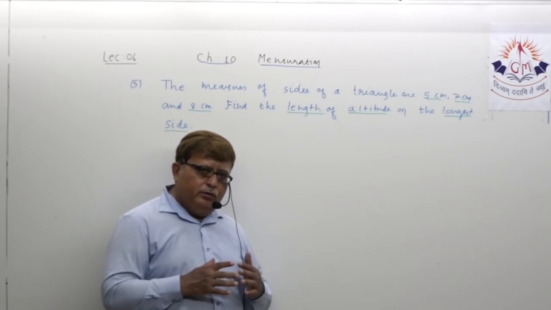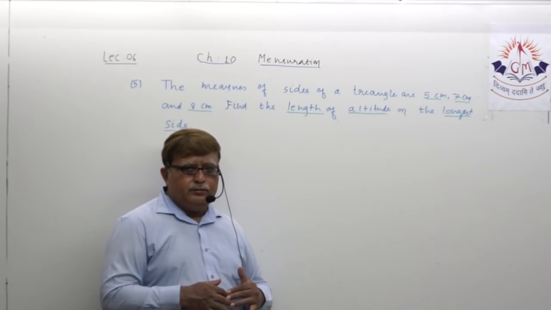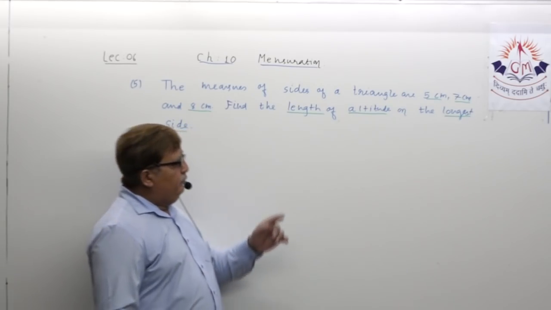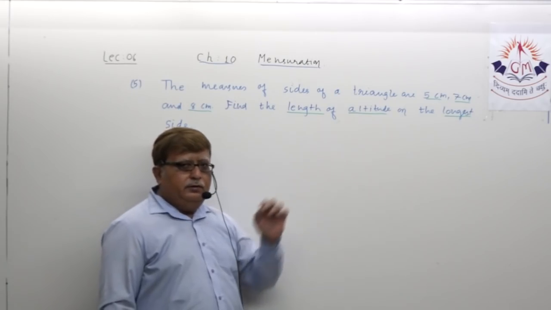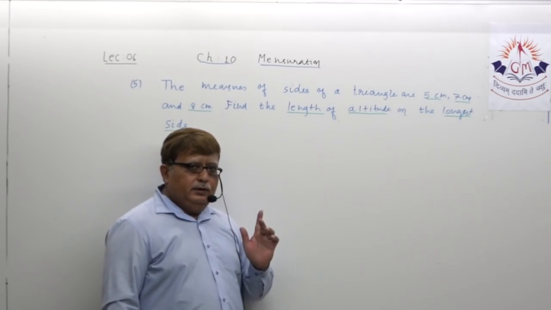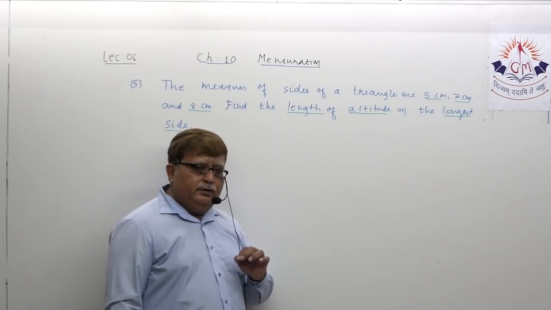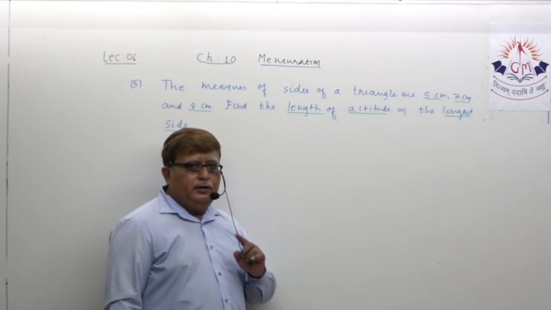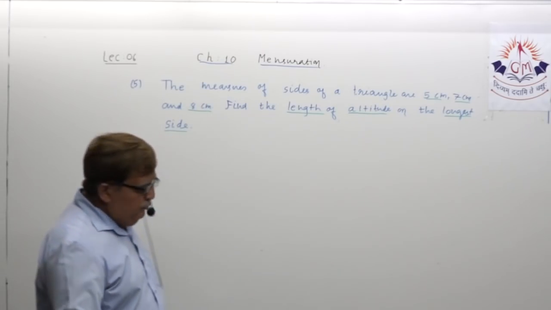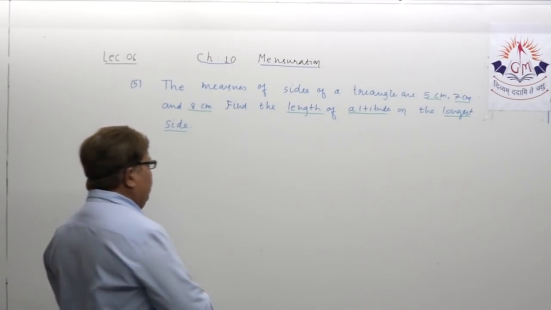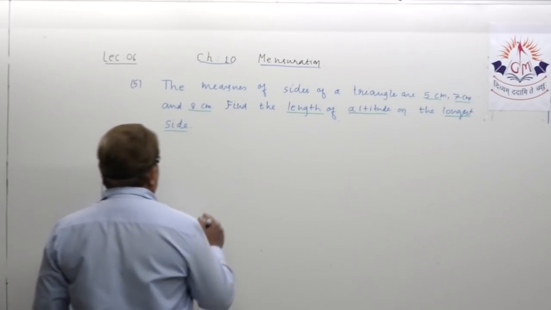It has to strike your mind because you have to find altitude. You need to find area of triangle first. Okay, dear student? Diagram not necessary, it's all okay.